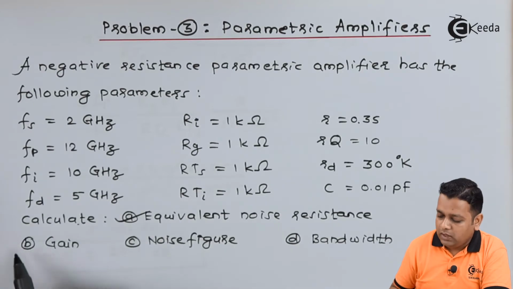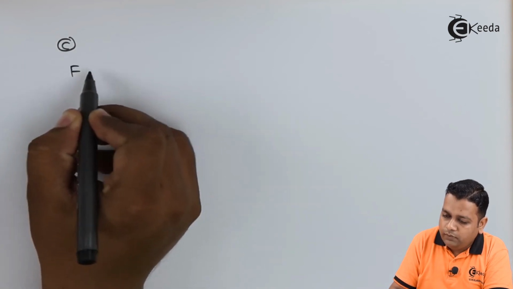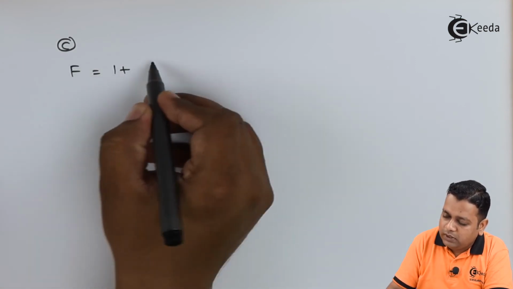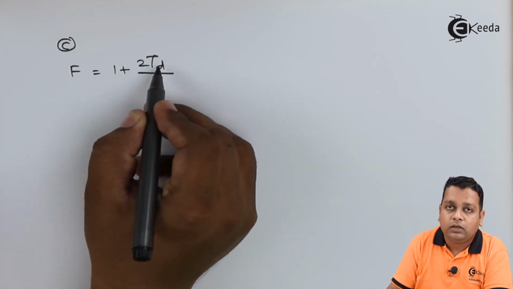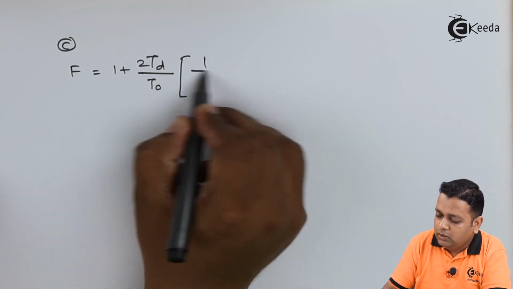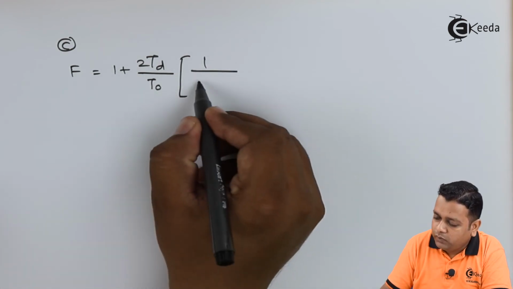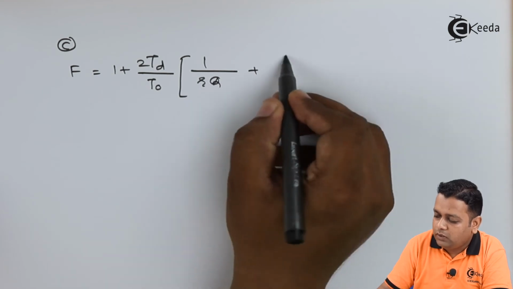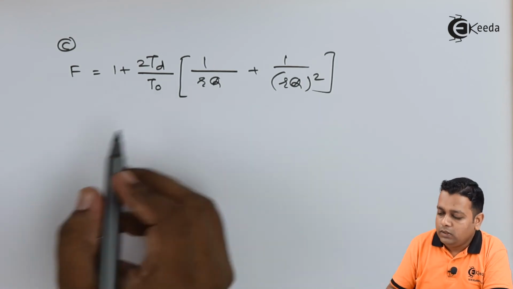Now we are covered with the answer for part B. Now we require the computation of noise figure. For part C, the noise figure F is expressed as 1 plus twice the device temperature Td divided by T0, in multiplication with, instead of gamma, r also, r into Q added with 1 upon r into Q, the bracket squared.